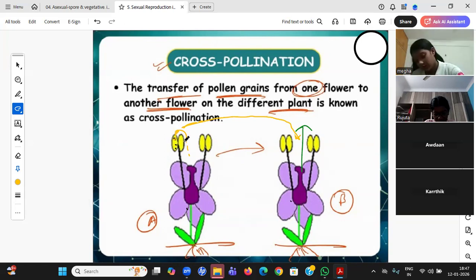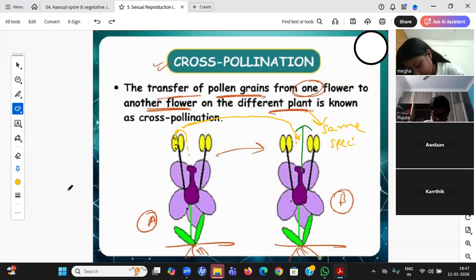From the male of this flower, they are going to the female part of a flower of another plant. They are not the same plant. Plant A, plant B. But they should be the same species. It should be plants, that's all. It can't be humans, right? It should be only plants.